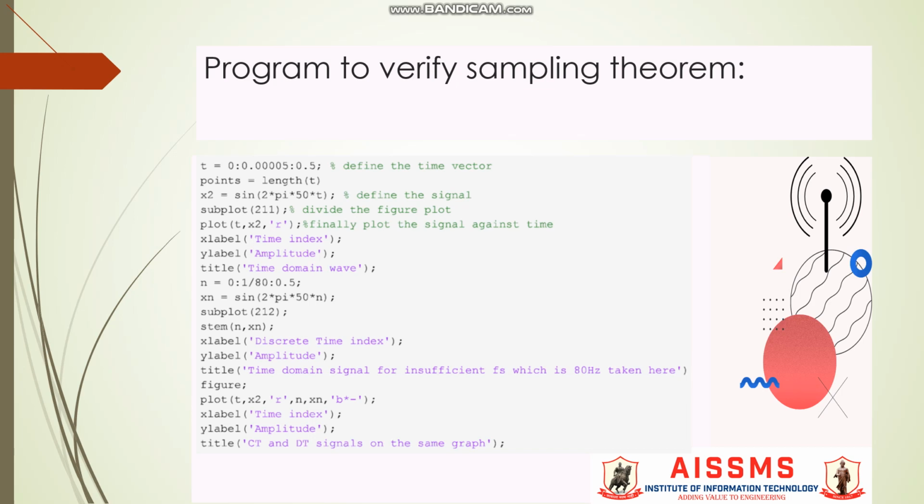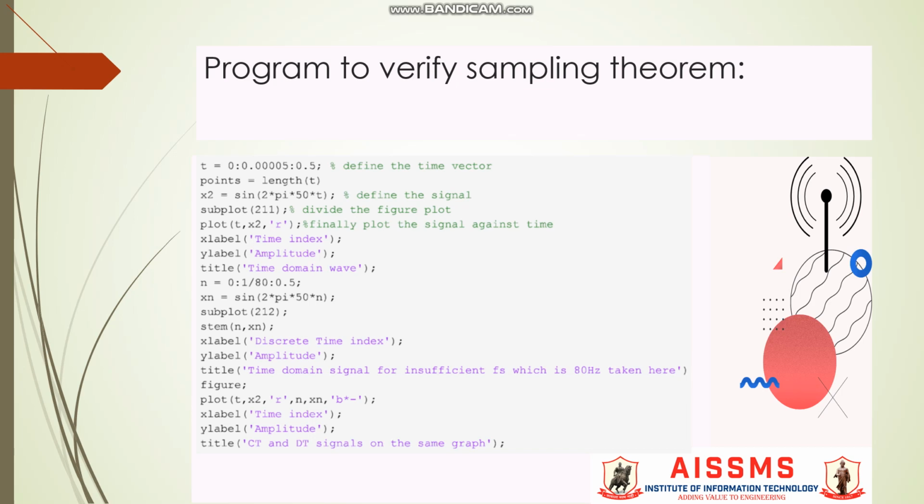The stem command is used to discretize the signal, giving proper x label as discrete time index, y label as amplitude, and the title to this signal as time domain signal for insufficient Fs, which is 80 Hz taken here.